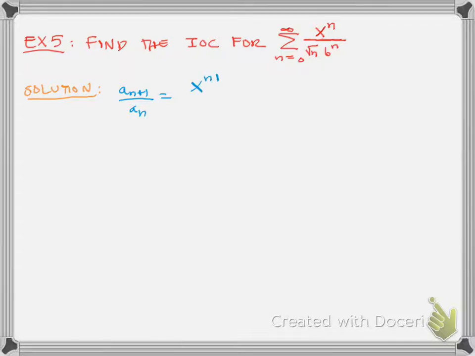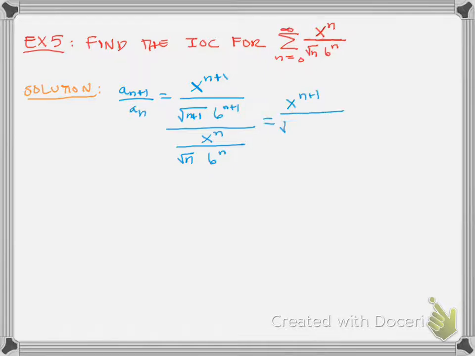So that's going to be x to the n plus 1 over the square root of n plus 1 times 6 to the n plus 1, and that's all over x to the n over square root n times 6 to the n, and that equals x to the n plus 1 all over the square root of n plus 1 times 6 to the n plus 1 times, flip the denominator, square root of n times 6 to the n over x to the n.